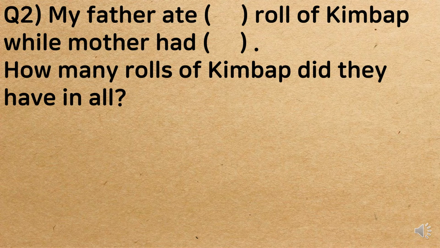Question 2. My father ate 1 and 4 over 5 rolls of gimbap, while my mother had 1 and a half. How many rolls of gimbap did they have in all? 1 and 4 over 5 plus 1 and a half equals whole number plus fractions.